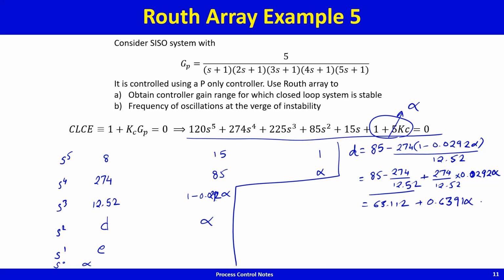Okay, so that's what I'm going to write over here instead of D. So that's 63.112 plus 0.6391 alpha. And then this element E is going to be this times this minus this times this divided by this.